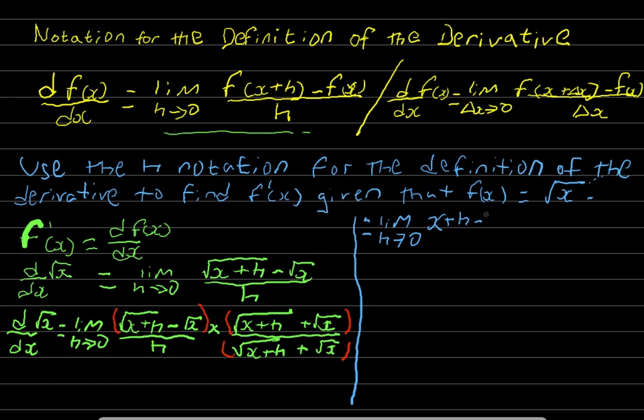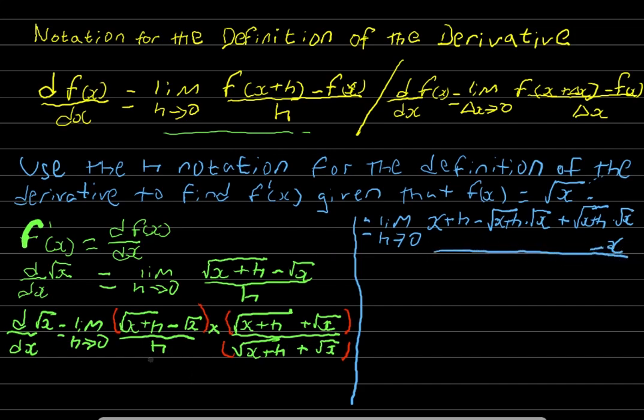minus square root of x plus h times square root of x, plus square root of x plus h times the square root of x, minus, when we multiply the square root of x times the positive square root of x, we end up having minus x, all over.